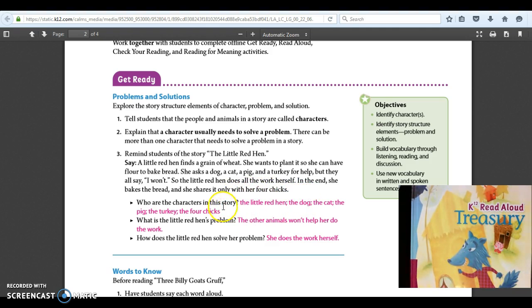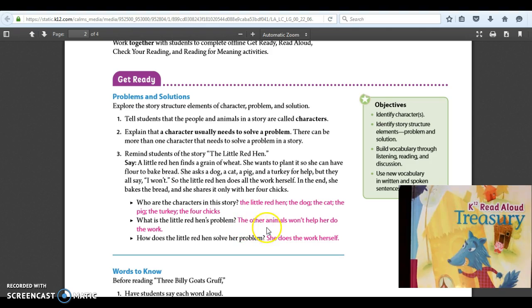Now listen to these questions and tell us the answers to your learning coach. Who are the characters in the story, The Little Red Hen? Tell your learning coach. Okay, if you said the little red hen, the dog, the cat, the pig, the turkey, the 4 chicks, you would be correct. Now, what is the little red hen's problem? What was her problem in the story?